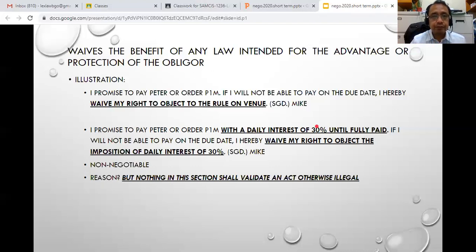So what does that mean? That although the obligor here, the maker in this promissory note, has waived his right to object to that daily interest of 30%, that waiver shall not be allowed because you are now validating an act which is already considered illegal. What is illegal there? The imposition of interest of 30% daily.